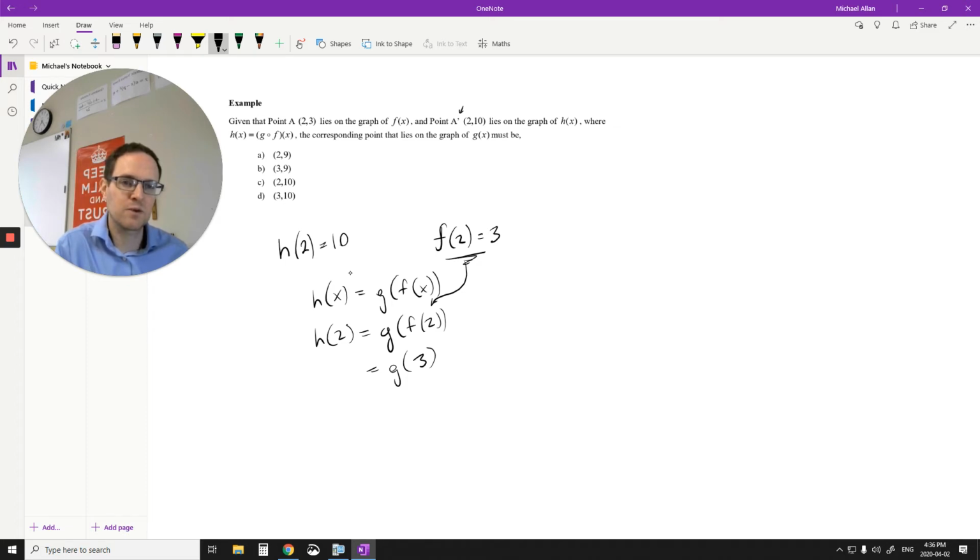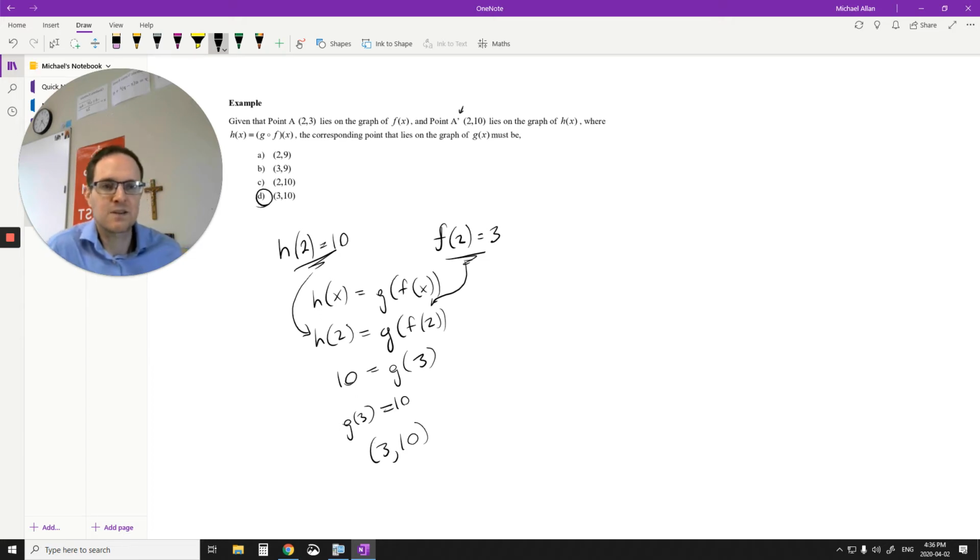So that says g of 3. And I know h of 2 is a 10. So it's saying g of 3 is a 10. Oh, so that means if I have an x value of 3, I should get a 10 out. That's what happens there.